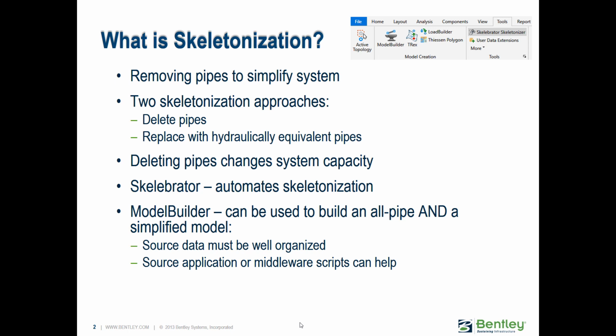So there are two different skeletonization approaches. One is to destructively delete pipes and make some decision as to what to represent at the point where you deleted it, maybe a demand or a boundary condition like a reservoir. The other technique is to replace that pipe or multiple pipes with one hydraulically equivalent pipe.